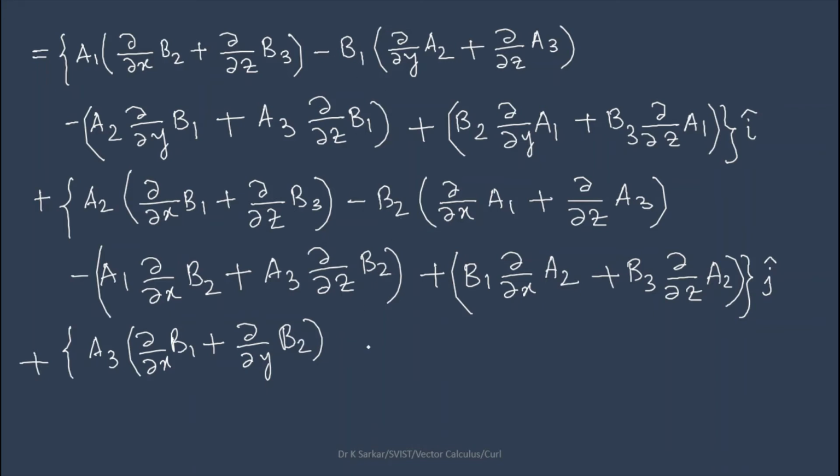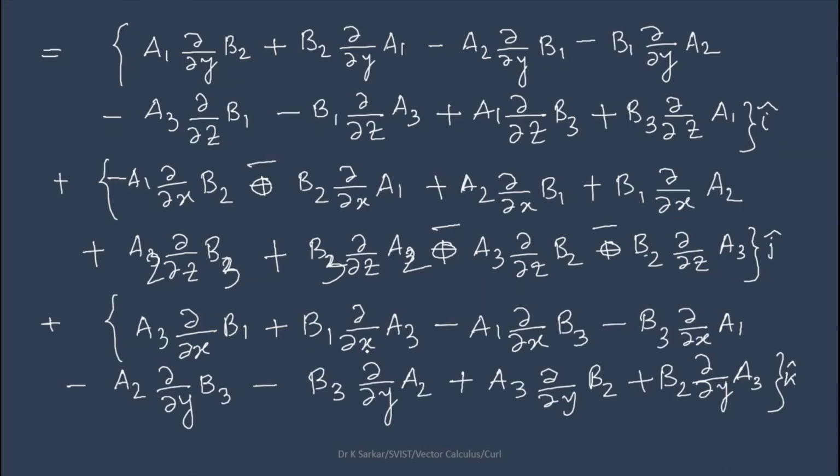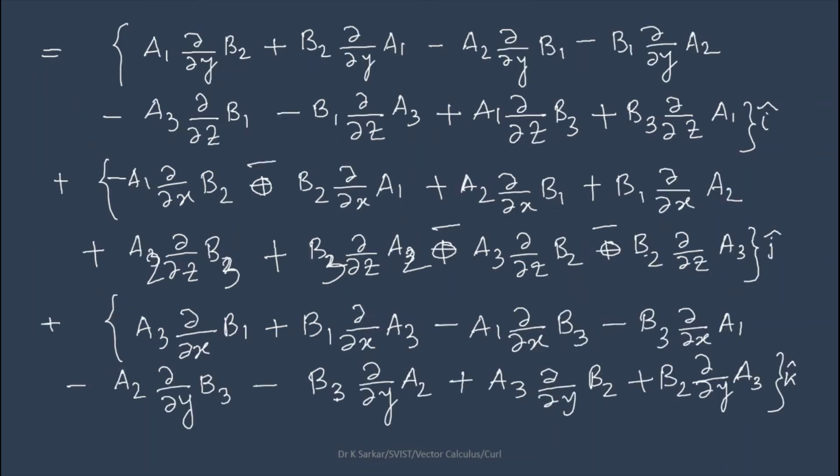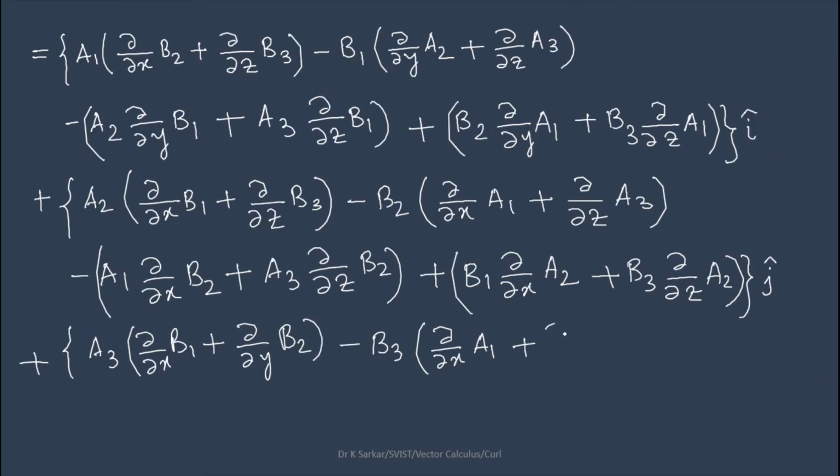We should get minus B3. Let's see. So minus B3, yes, minus B3 del/del x A1, minus B3 del/del x A1, then plus del/del y A2, plus del/del y A2.